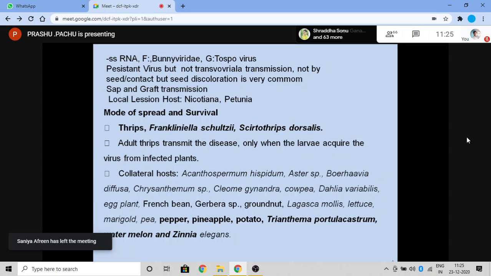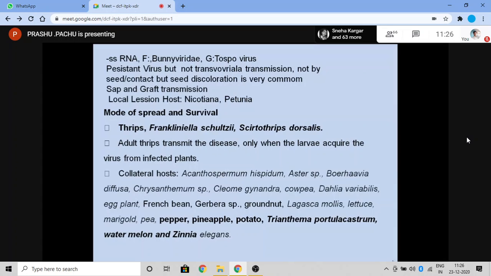Here, this virus is a persistent virus. This virus will be there inside the vector for many hours. It is a persistent virus, but it is not transovarially transmitted. Transovarial transmission means that if an adult thrips gives rise to a second generation of insects, we don't find any kind of virus particles in the vector body.